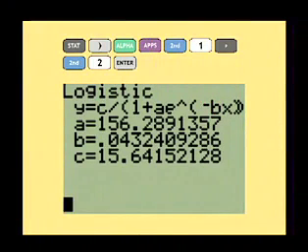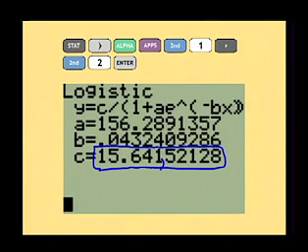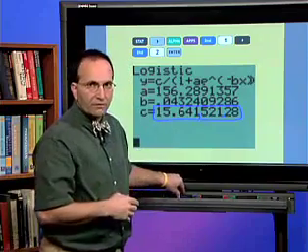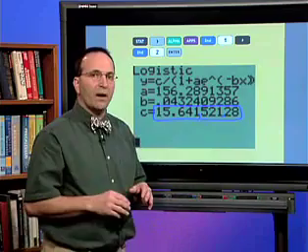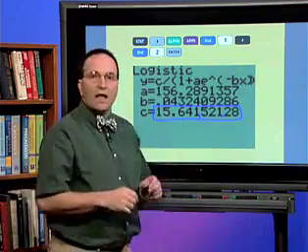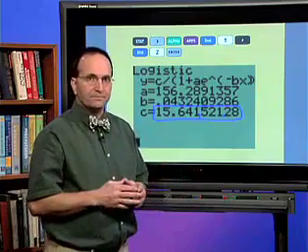There are the keystrokes that you enter, and then the display shows us right here that the maximum sustainable population for Arizona is 15,641,521, which means, of course, that it will never reach the maximum sustainable population of New York, which was almost 20 million. So Arizona will never reach that.